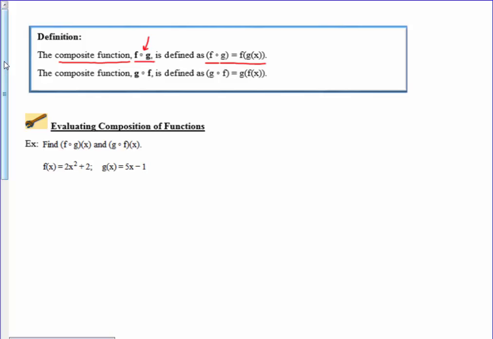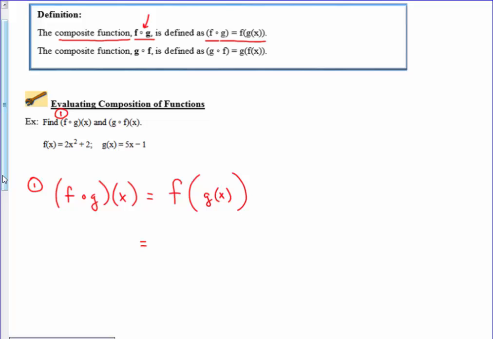So in this example, we are asked to find f composed with g of x first. So f composed with g of x means that I will start with the function f, and into that function, in place of x, I will substitute the other function g.